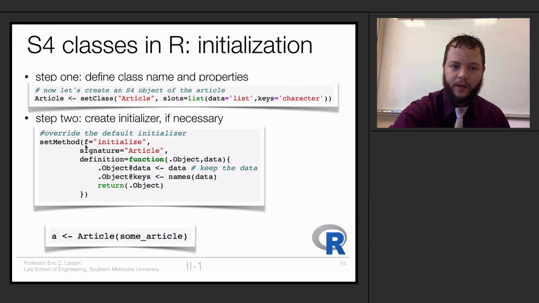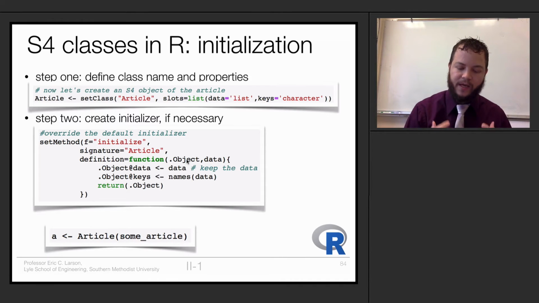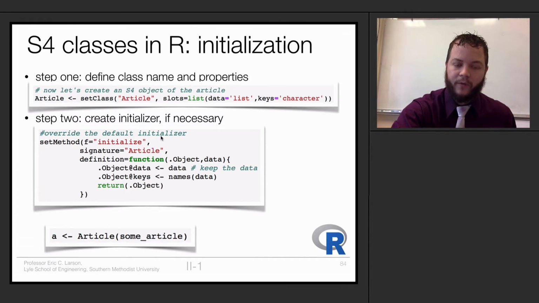And essentially, we're going to say, okay, f is equal to initialize. That's the name of the function. Signature means that it's associated with this article class. And then we actually give a definition of the function that we want right here. So dot object is like accessing this or accessing self inside of data that we have.